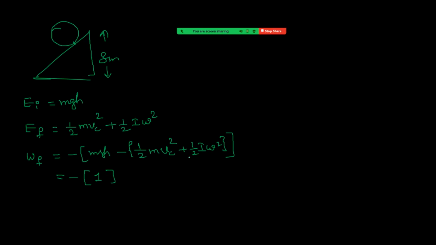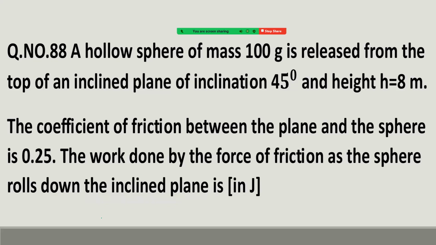And why I have taken the negative sign is because energy is lost because of friction. That means by friction, work done is negative. That's why here negative sign. Because this mgh is greater than this value. So the answer is now minus 1 joule. Right. See next one.